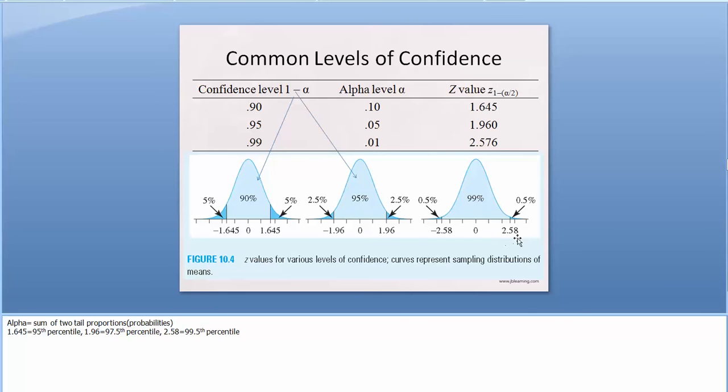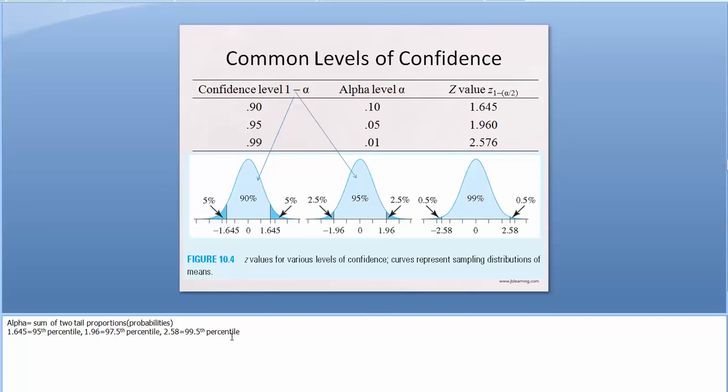Okay, so for 99, likewise, to find this, this plus this will give you 0.99. Let's see, this is a mistake. Oh yeah, wait a minute, this is correct. So 0.995, that will be the 99.5th percentile. When you add these two, you will get 2.58.